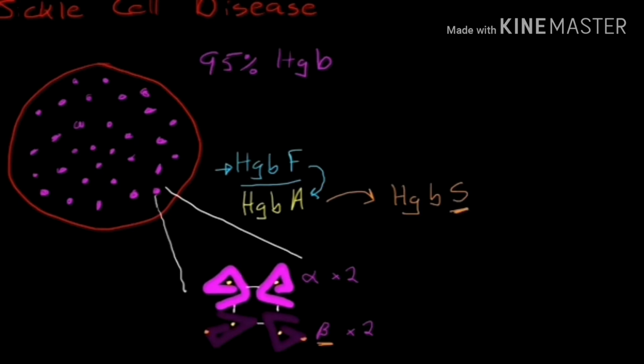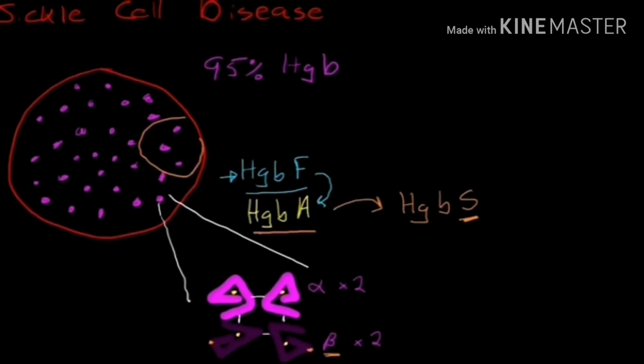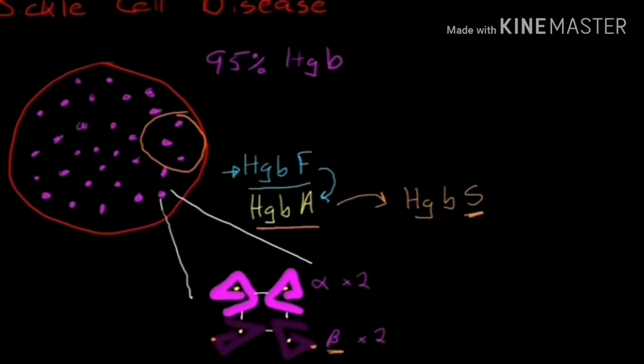Normal hemoglobin A usually stays nicely dissolved in the cytoplasm of the erythrocytes, but hemoglobin S has this valine molecule, and the valine molecule of one beta chain of hemoglobin S tends to want to stick to another when it is in a deoxygenated state.